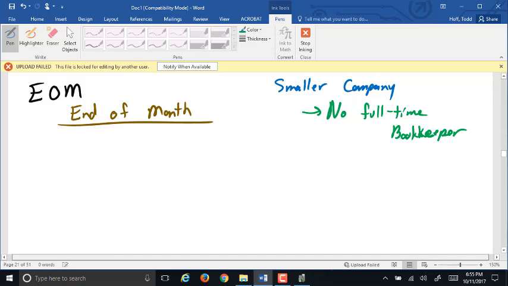Or they have a full-time bookkeeper, but that person has other responsibilities other than just invoicing. Large corporations, large companies have large bookkeeping staffs. They might even have one person who is in charge of just constantly sending out invoices, which means the date that item gets shipped, the invoice gets completed and the invoice is sent out.